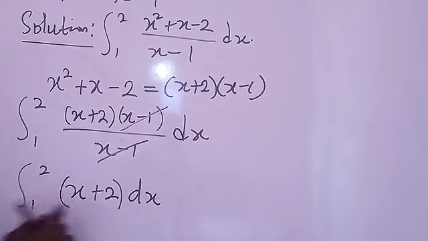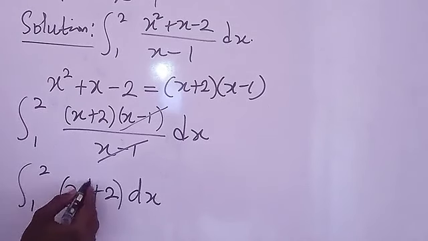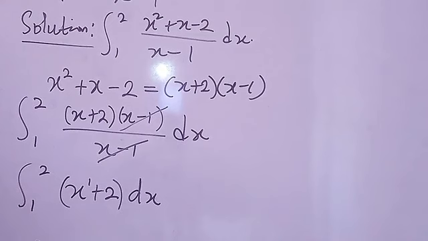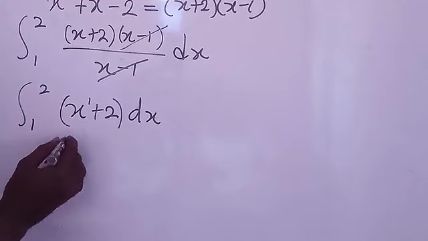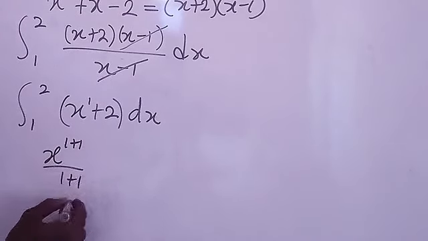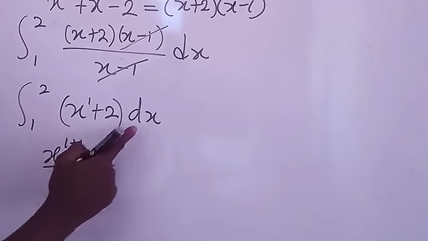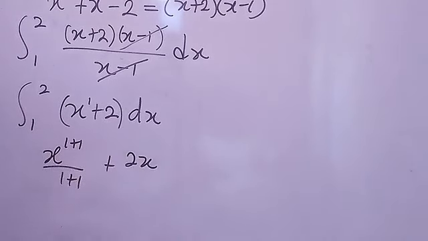So now we're going to integrate this one. You first integrate x. x is having just a power of 1, but it's hidden. So to integrate x, you're going to have x to the power 1 plus 1, all over 1 plus 1. Then to integrate 2, it's going to be 2x. Understood?